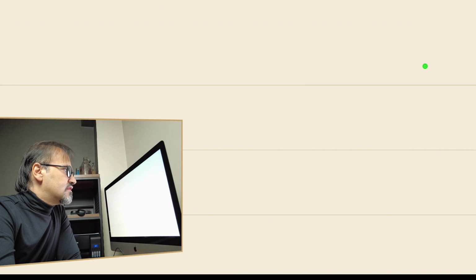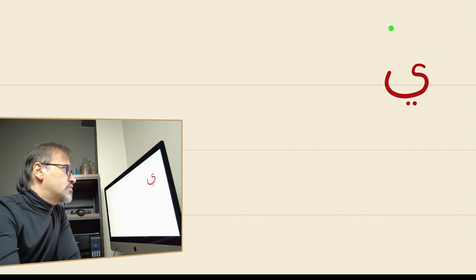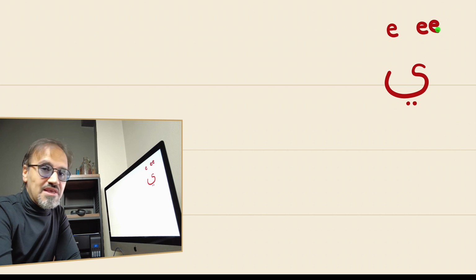We're going to go on to our final letter, which is the ye sound. This is the e sound. So whenever you have an e, it's this letter. Two dots at the bottom. This is the equivalent of an e or a double e, or an EA.